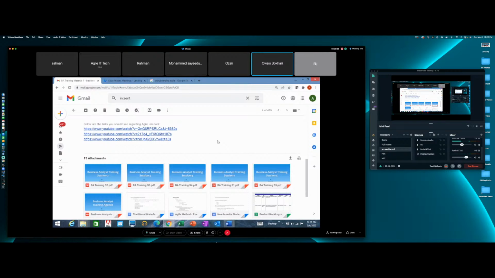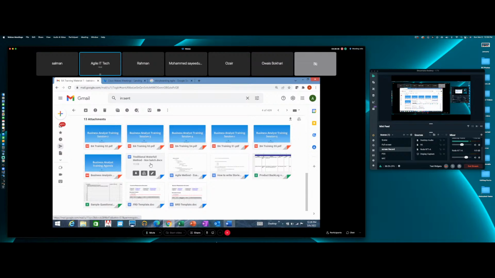So basically these would be the slides from last weekend and this weekend. So far, we have completed the traditional waterfall example. We're almost at the end of finishing this document, which is Agile methodology. Then there's another document on how to write user stories and perform storyboarding.